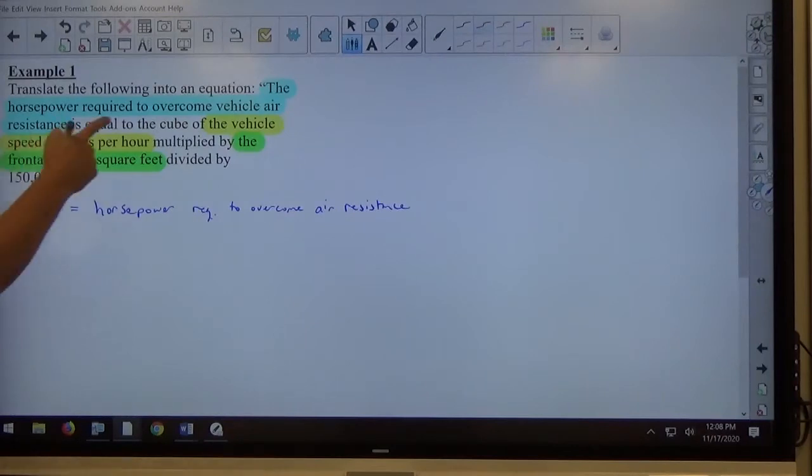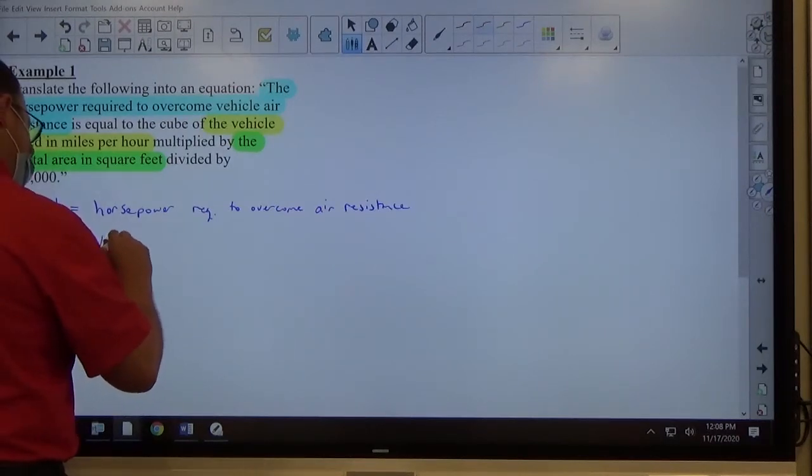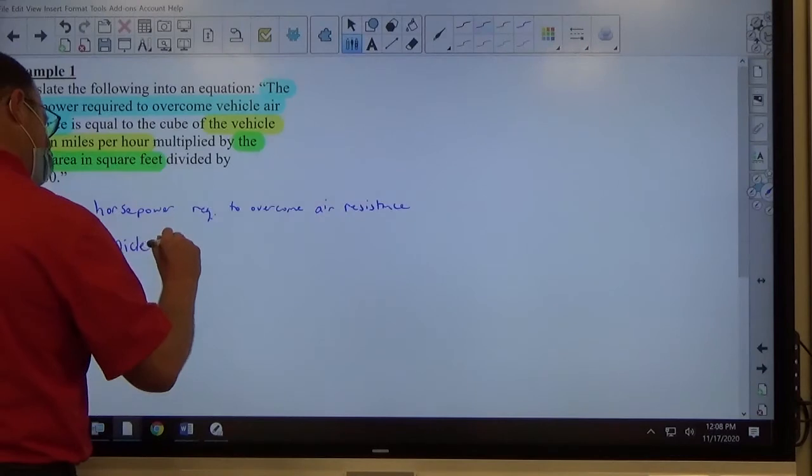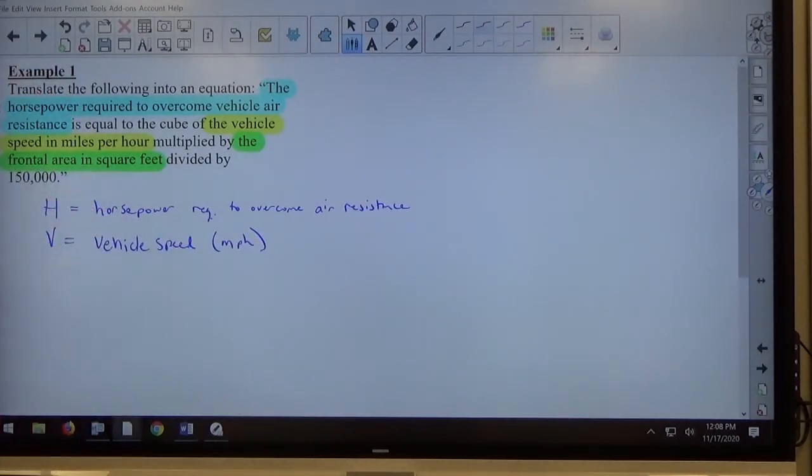Okay, V for vehicle speed, S for vehicle speed, R for rate. Take your pick for a variable for that. I'm going to use V for vehicle speed, in miles per hour. If there's a specific unit attached, I'm going to put that in my list here.